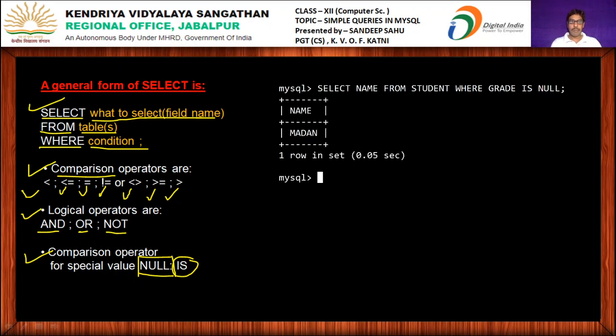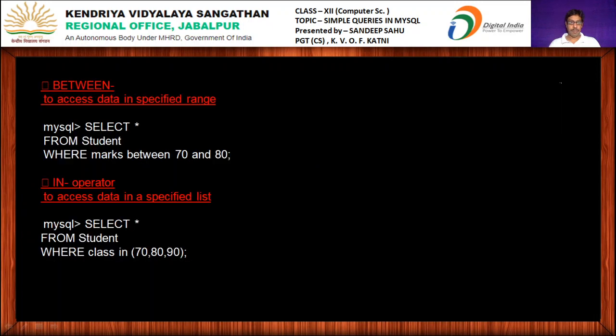Okay. So you can see Madan. This name is coming because its grade is null. This is how we use the null operator. There are some more operators, arithmetic operators also. They are so easy that there is no need to explain. So I think all the operators are clear to all of you.